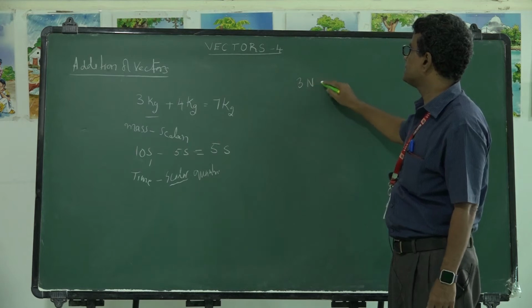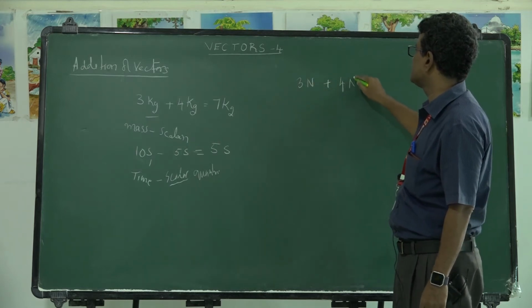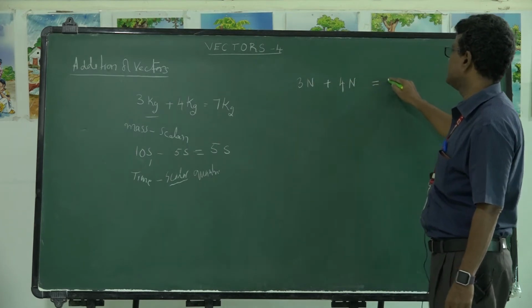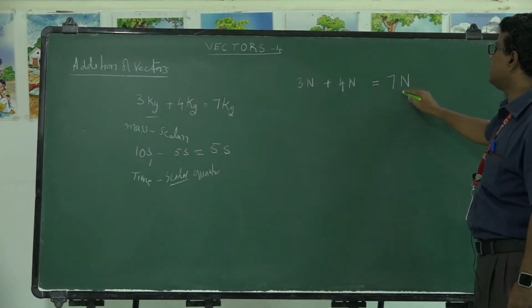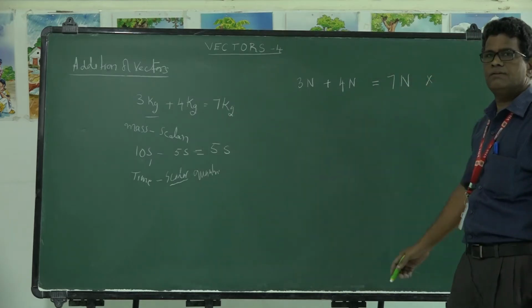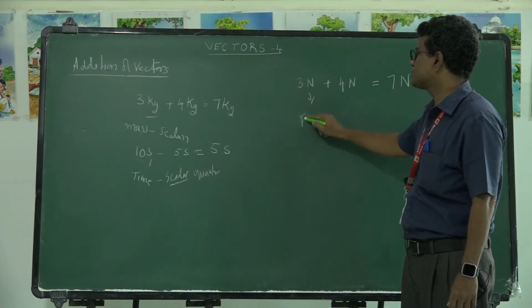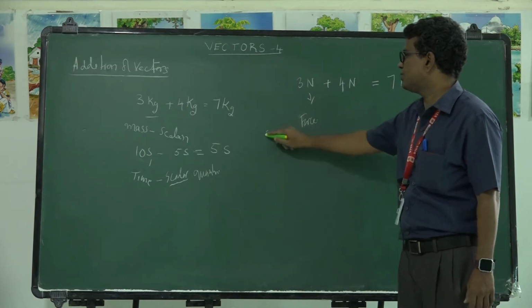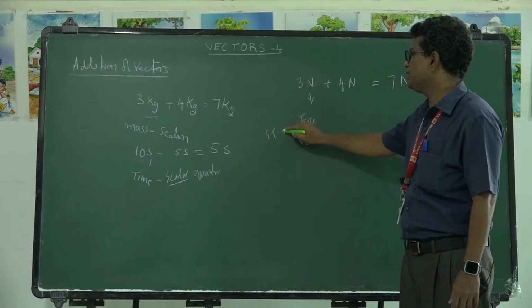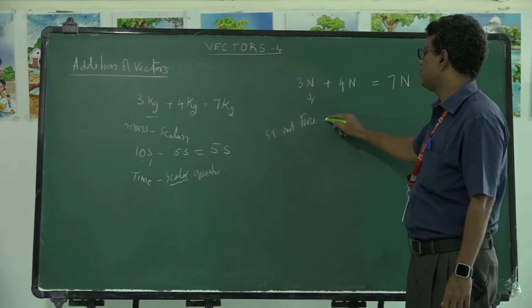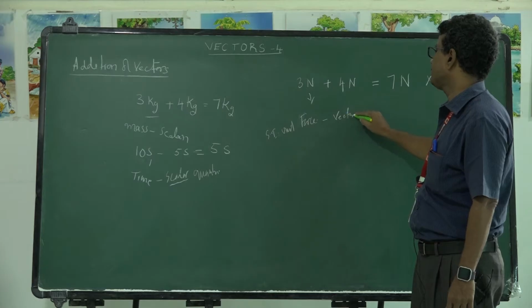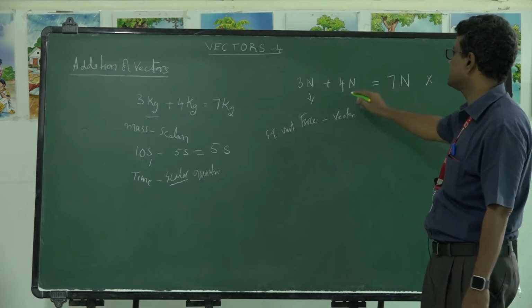But 3 newtons plus 4 newtons, is it 7 newtons? This statement is wrong, because newton is the SI unit of force. Force is a vector quantity. So you should not add like this.